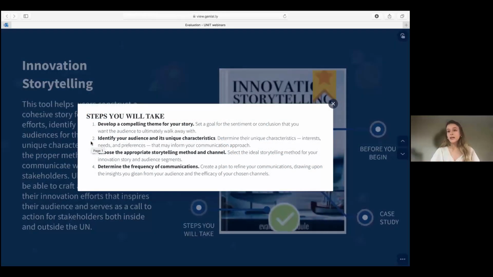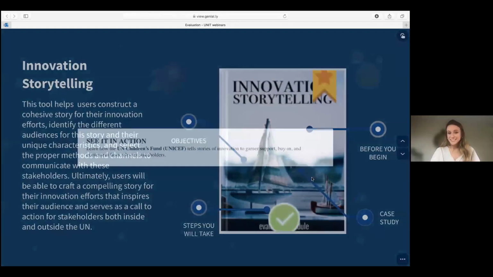That is to say, a goal for conclusion, a goal for a sentiment, in order to transmit that to the audience. Then, to identify your audience and its unique characteristics, taking into account their needs, their interests, their preferences. Then, to choose the appropriate storytelling method and channel. And finally, to determine the frequency of communication, which is, of course, crucial and depends on the specific project that you're involved in.